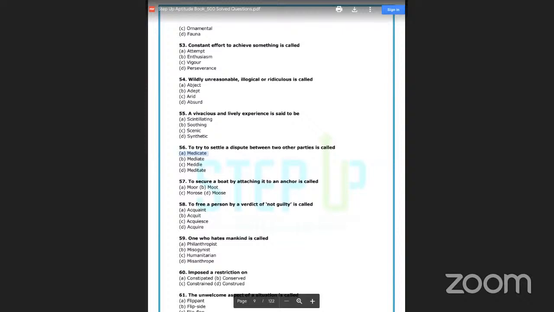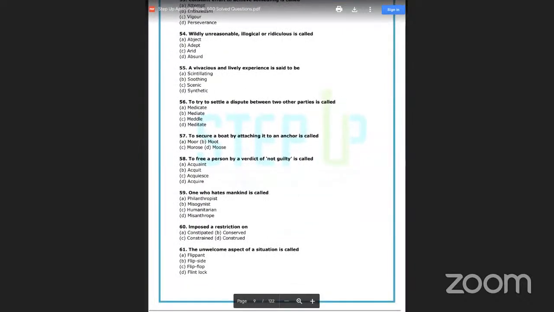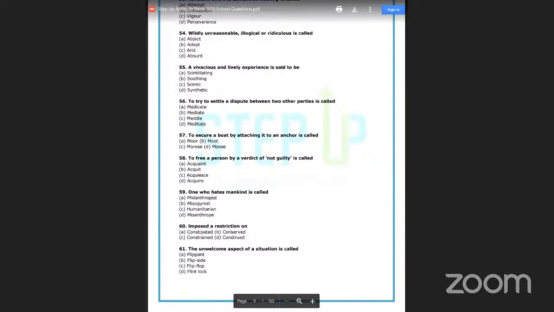If you say imposed a restriction on, okay, do 60, 61, we will discuss.